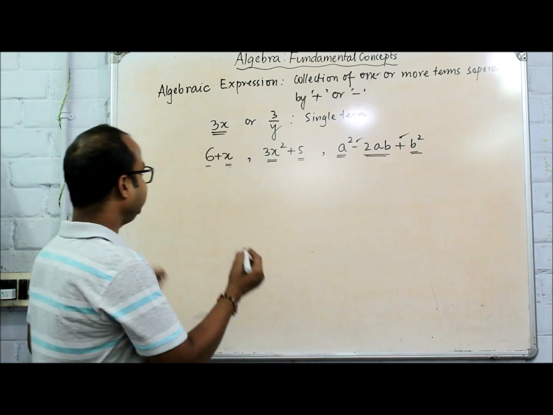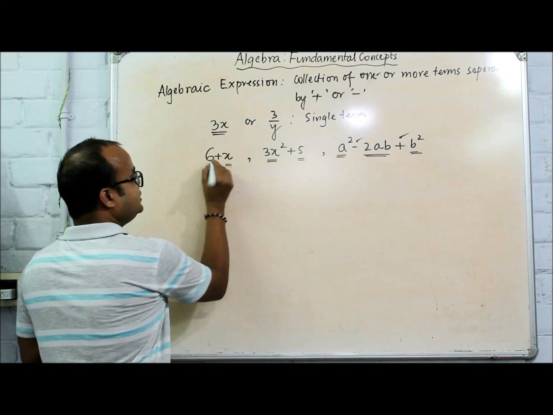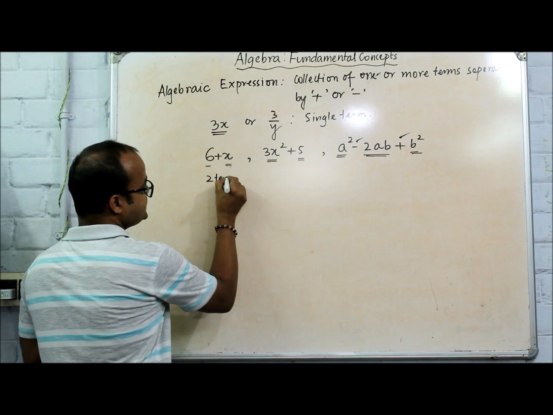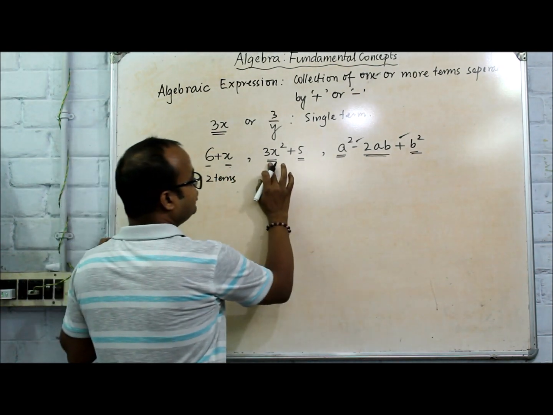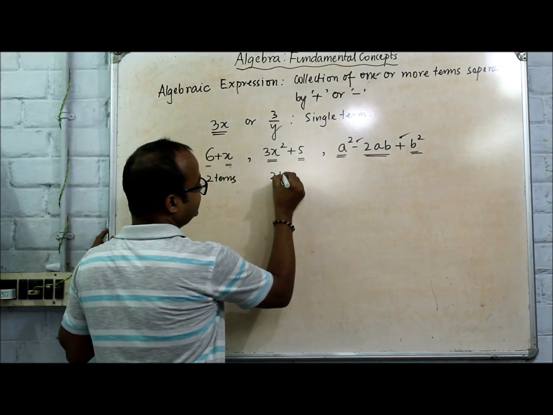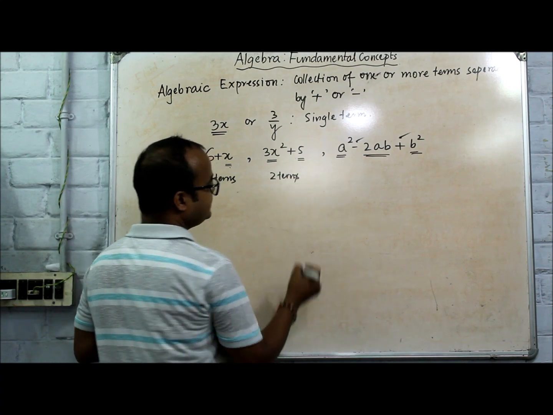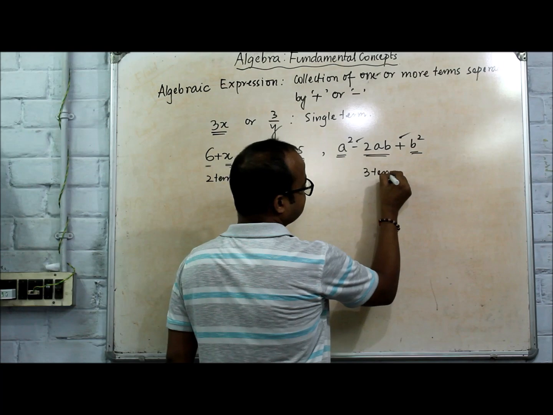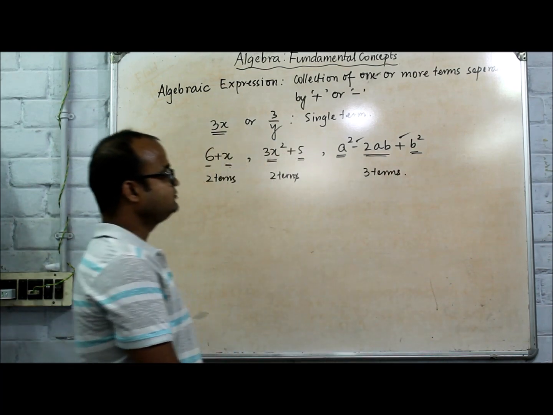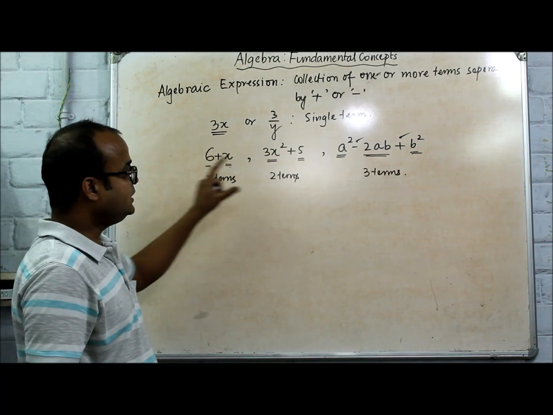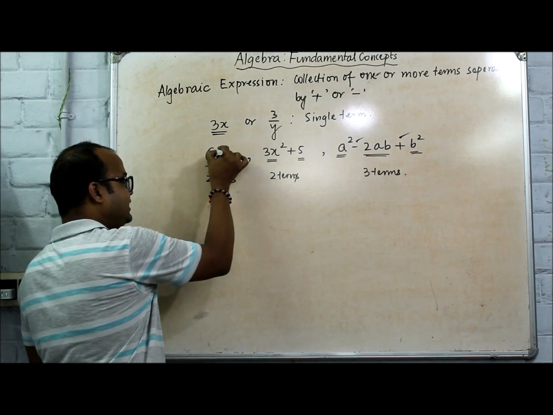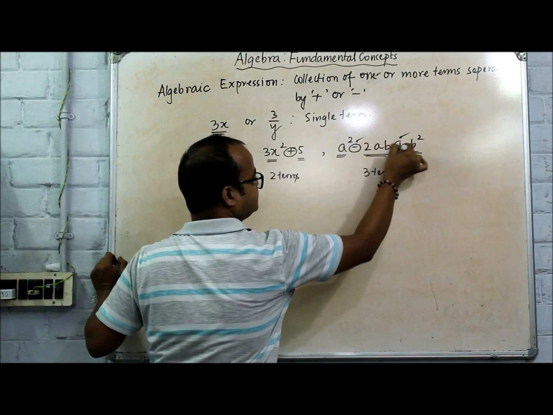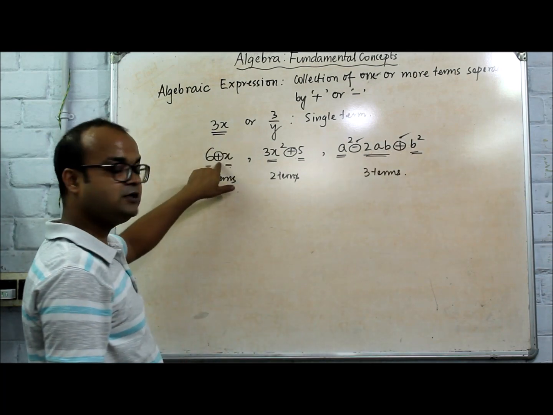Like I have given here examples: 6 plus x, 3x square plus 5, a square minus 2ab plus b square. Now if I count, 1, 2, so there are two terms here. 1, 2, two terms here. 1, 2, 3, three terms here. Now if I connect with the signs, how many signs are there?